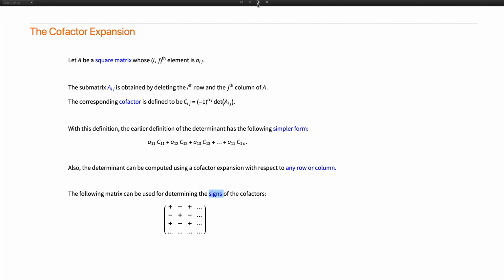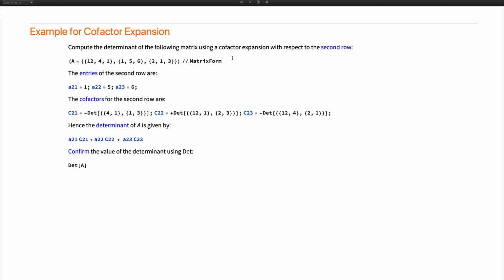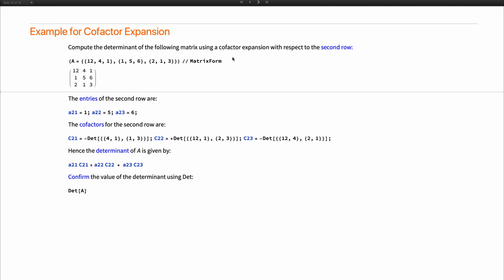Okay, so as an example, here is a matrix A. It's 3 by 3. I want to expand it using the second row. Now, second row is 1, 5, 6, like you can see over here. So you work out the corresponding cofactors, which are 2 by 2 determinants with the correct sign.